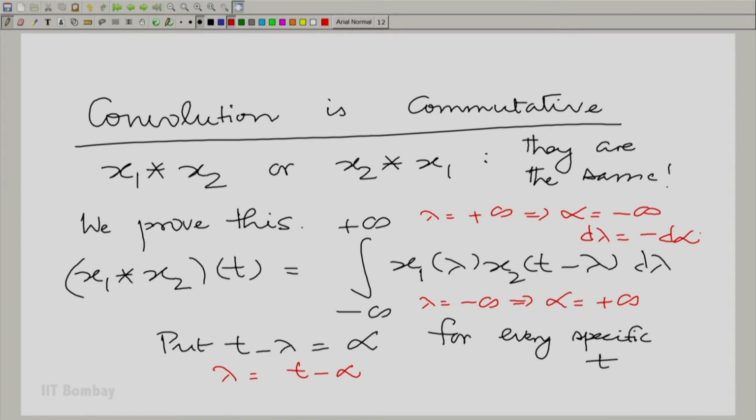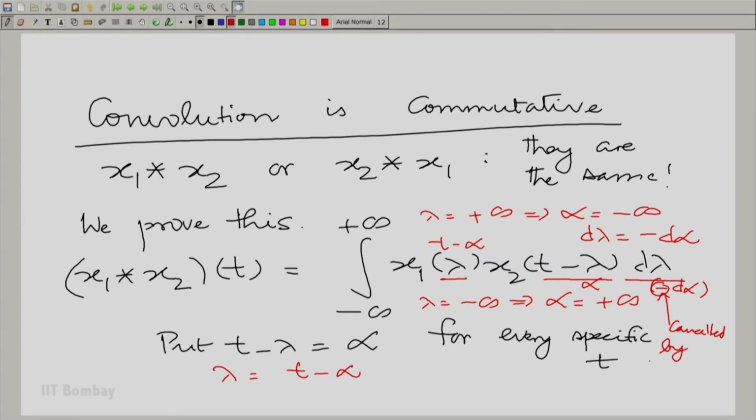So, if we make these replacements, you notice that you can replace dλ by −dα. t − λ is just α. So, I will write that down. t − λ is α, λ is t − α, and then you have a minus sign and these limits also reverse. So, the minus sign together with the reversal of limits cancels one another out.